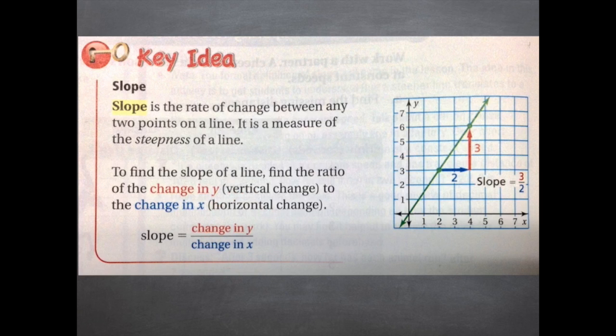So the change in y over the change in x. You can see it written here, 3 over 2. It's easy. Any line has a slope, and you can figure that out by looking at the rate of change between those two values.